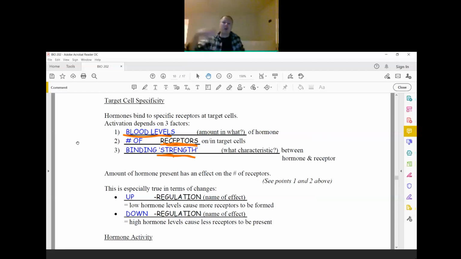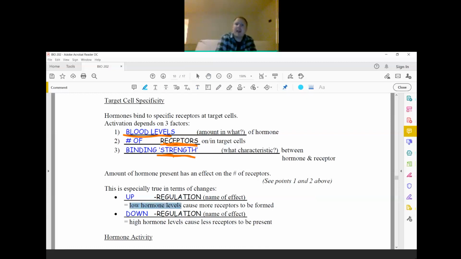Well, sometimes one or two of these is working really well, but there is an issue with the third factor. Let's have a look at that. So we can have situations where we have very little hormone present.